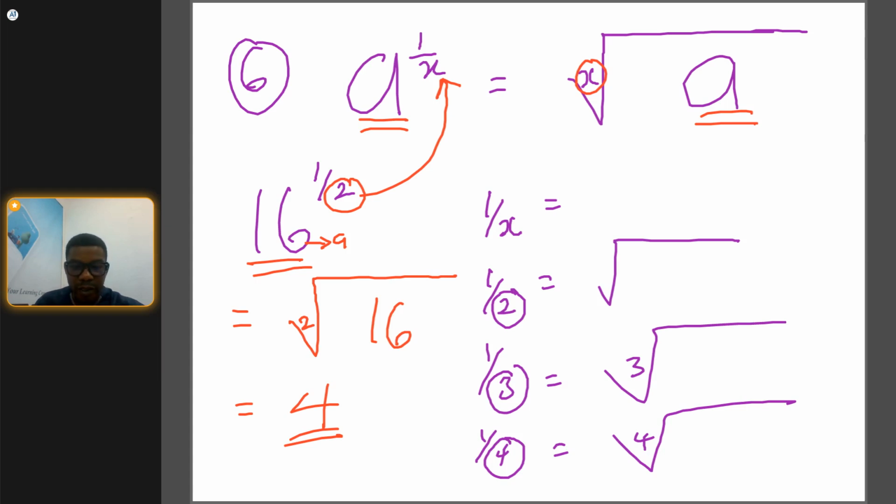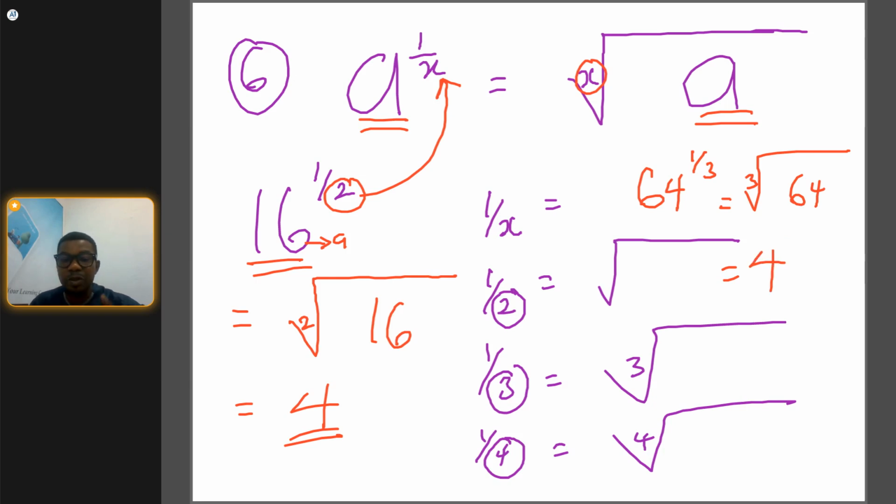And the final answer is 4. Same thing applicable if I have 64 raised to the power of 1 over 3. It means I'm working with the cube roots. Take note, here we have x to be 3. Cube root of what? 64. And the cube root of 64 will be what? 4.